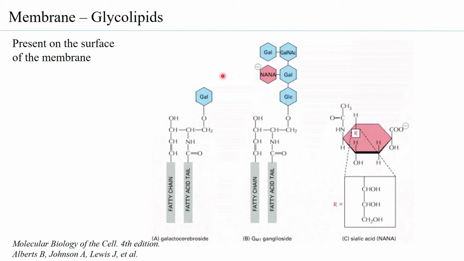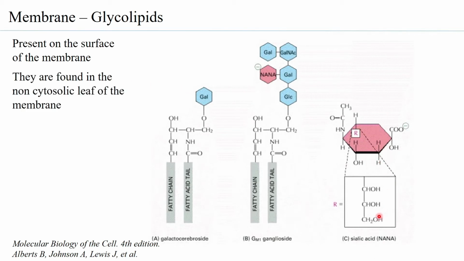Now, these are present generally on the surface of the membrane, which means it is present on the outer leaflet of the bilipid layer, not the cytosolic leaflet, only on the outer leaflet. So you can see how it is contributing to the membrane asymmetry. You will find most of these glycolipids present on the outer side of the bilipid layer and hardly any or negligible on the inner side.